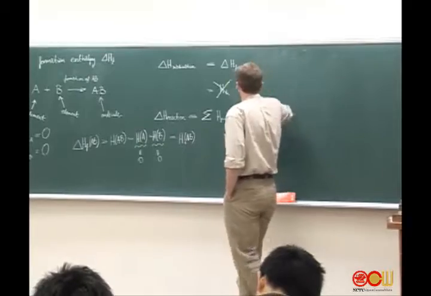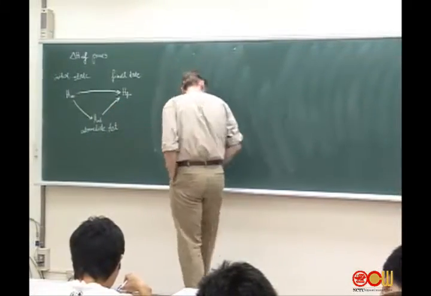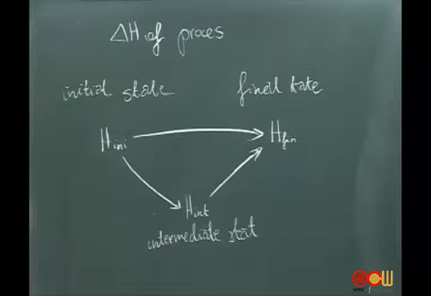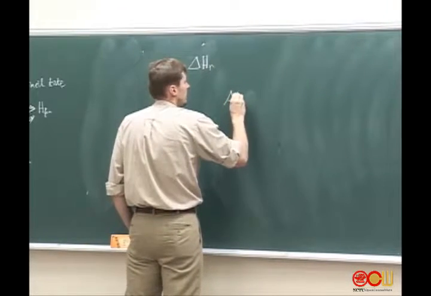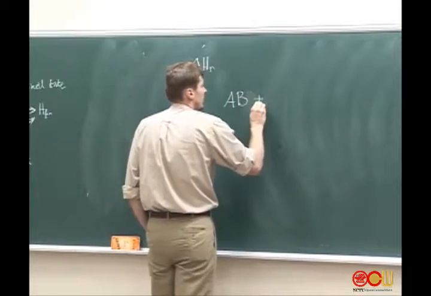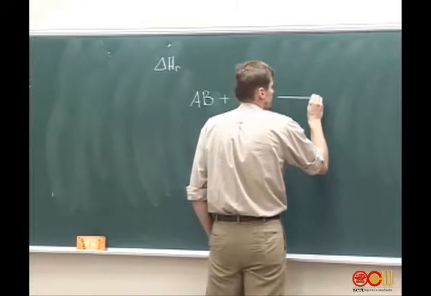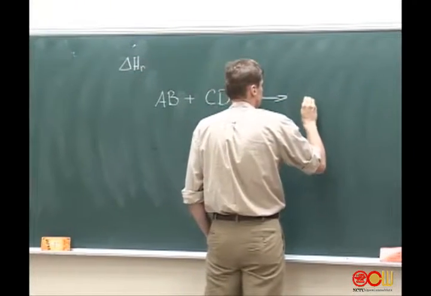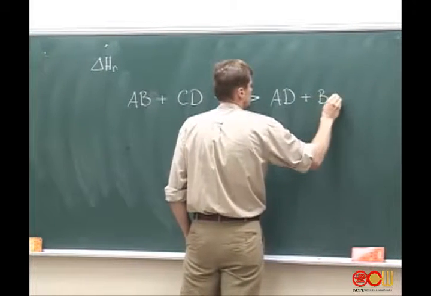Good. This gives us an opportunity of going to the next step, and namely we do the next step like that. When we want to calculate the enthalpy of the reaction, we have, for example, AB reacting with CD, giving us AD plus BC.